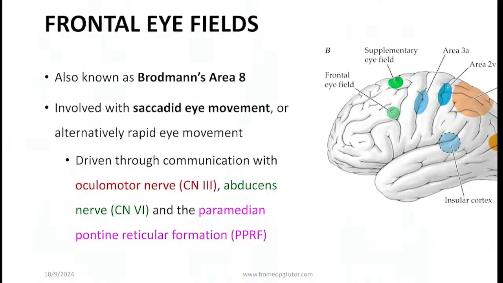There are a lot of things going on, but just remember that whenever there is damage to the area of the frontal eye field, there can be an ipsilateral conjugate gaze deviation. Because the eye cannot pull towards one direction, there will be a deviation to the alternate side, which will lead to ipsilateral conjugate gaze deviation.